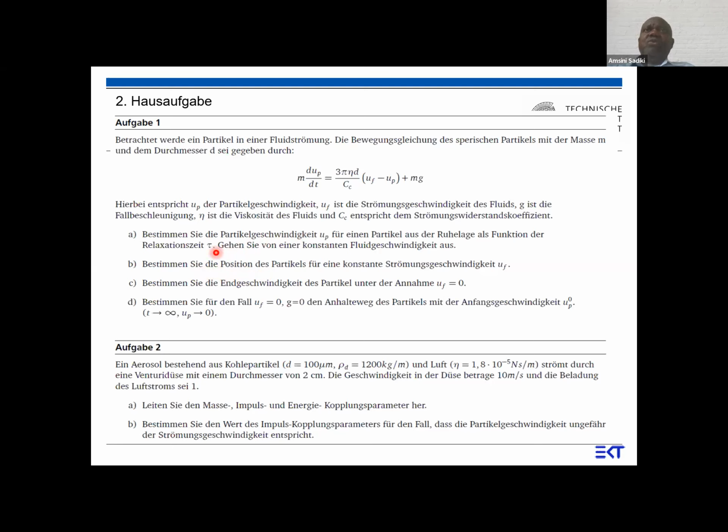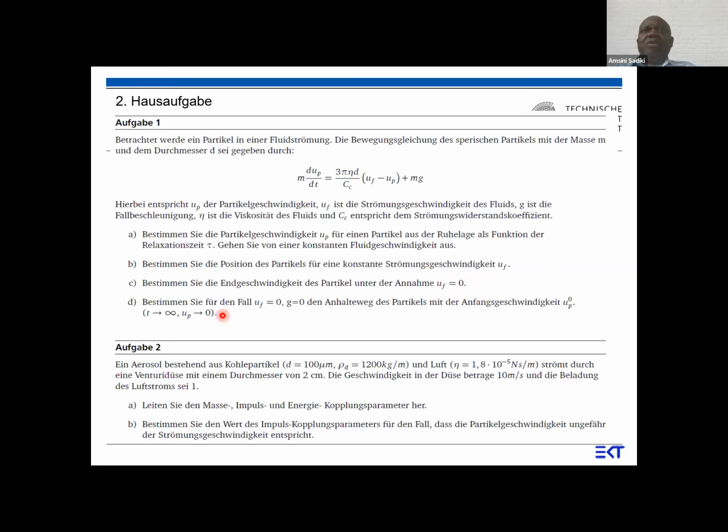So we have to evaluate or calculate the position, and also calculate the final velocity of the particle, in which we say that at this position the velocity of the fluid is equal to 0.